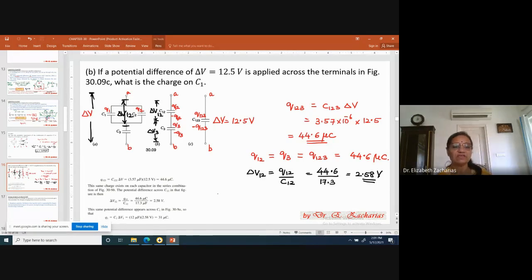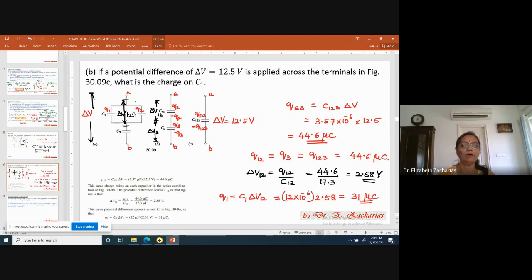The potential difference is the same, so Q1 is going to be equal to C1 into delta V12. C1 is given in my problem as 12 microfarad, and just now I found delta V12, which is 2.58. So I get my Q1 as 31 microcoulomb.